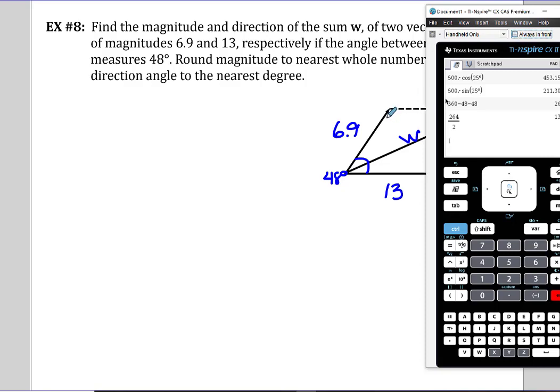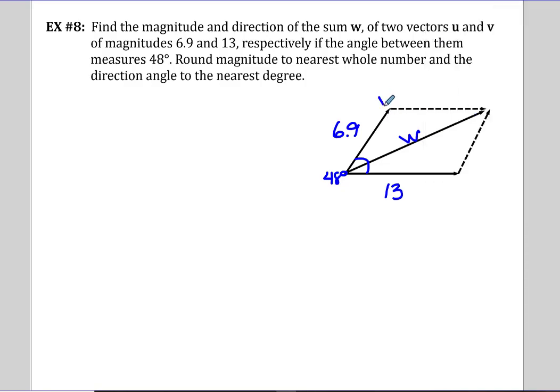So we know this angle here is 132 degrees. And this angle is 132 degrees. And then we want to find the magnitude. So we want to know what the length of w is. And we want to know the direction angle of the two vectors. So this would be the direction angle of that resultant.